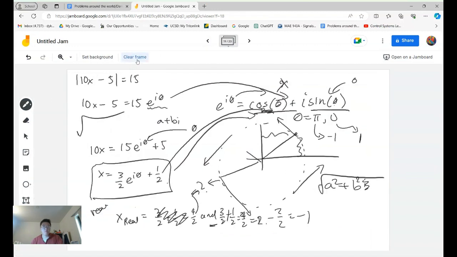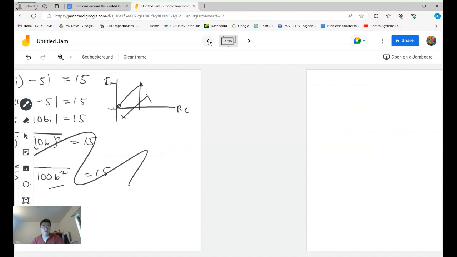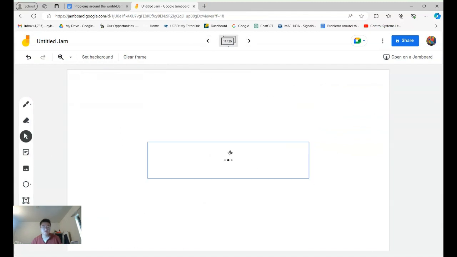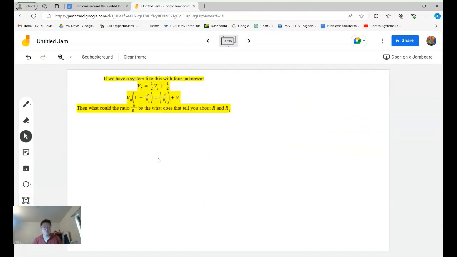We can do it here, I guess. So this question is an electricity question that, if you're ECE, you actually do. This circuit is something like this, if I remember correctly.